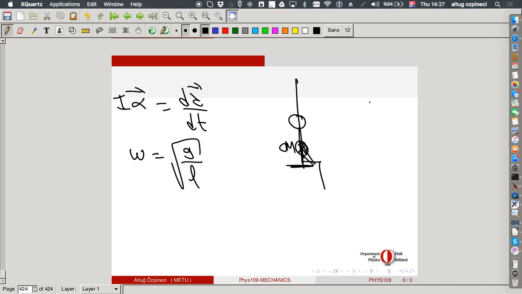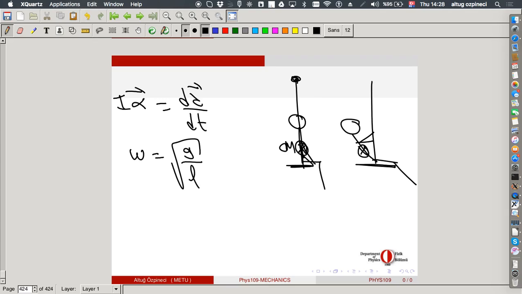Then what you do is you just lean backwards. And you stretch your legs. You're also holding. Your center of mass will be more or less like here. So this is your center of mass now.